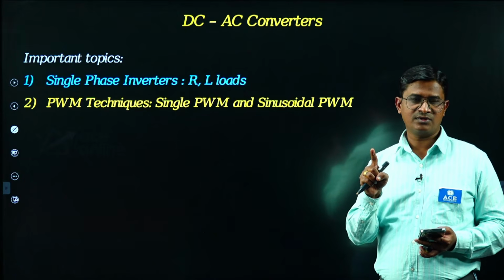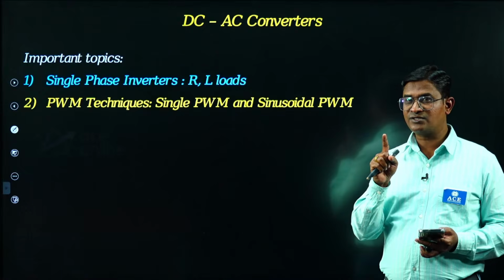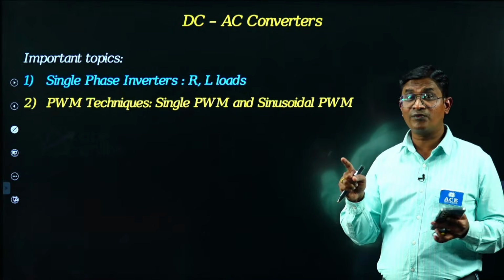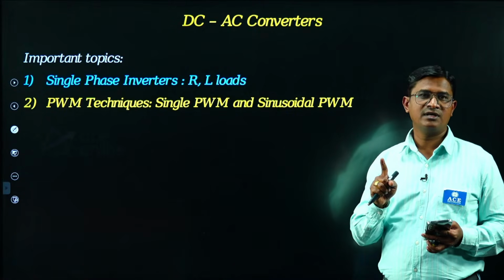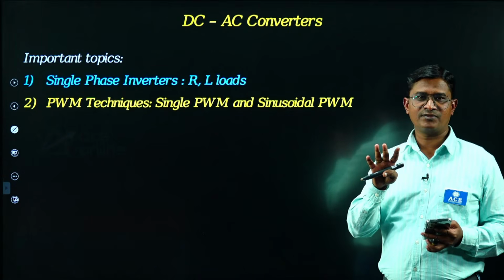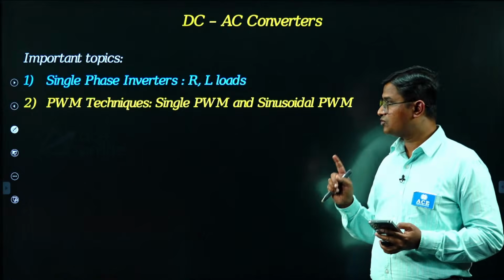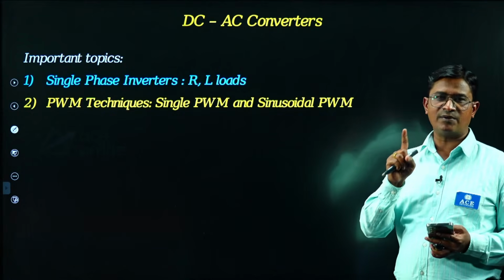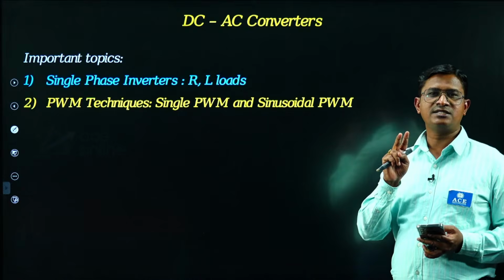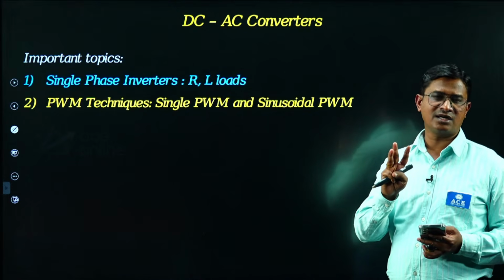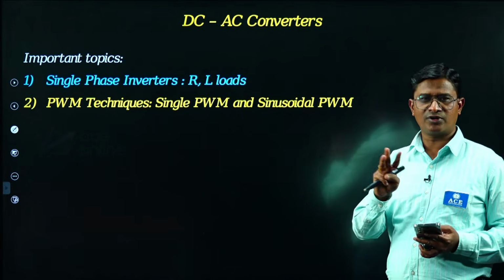So don't think a rectifier is a vast chapter and so will have more weightage. For these 4 chapters, it is more or less equal weightage. So you should first prepare these 3 chapters: power semiconductor devices, DC to DC converter, and DC to AC converter. Then go for the rectifiers.